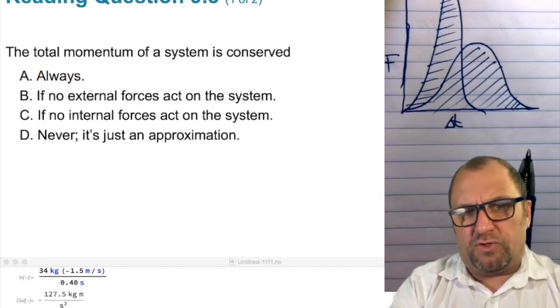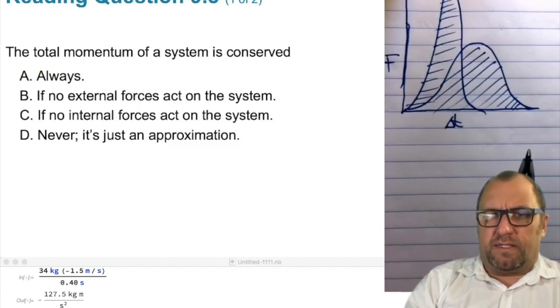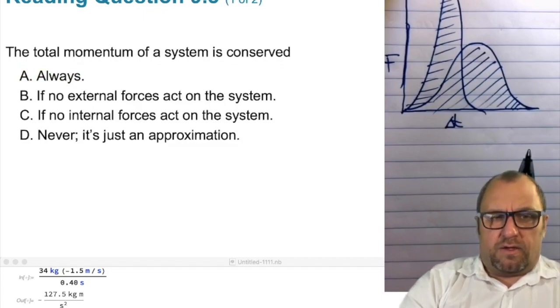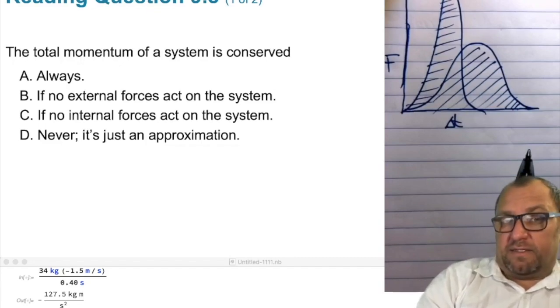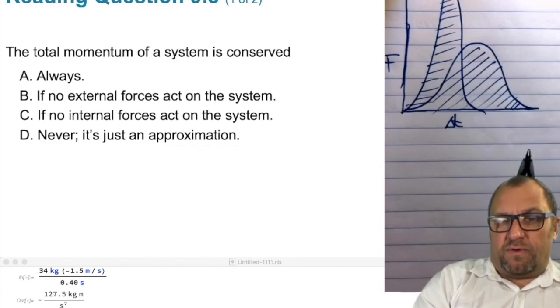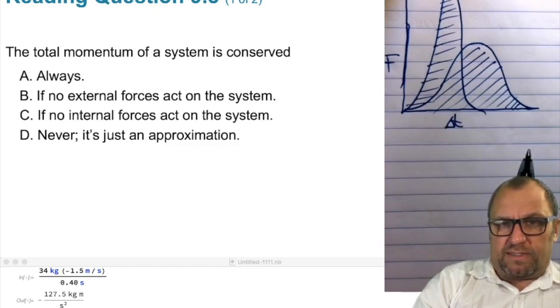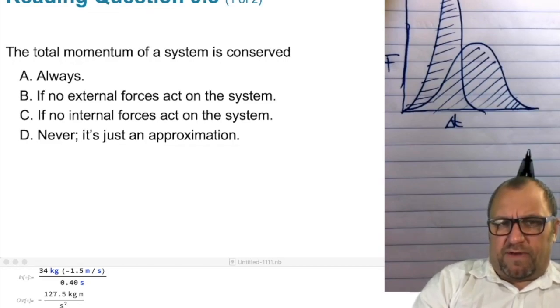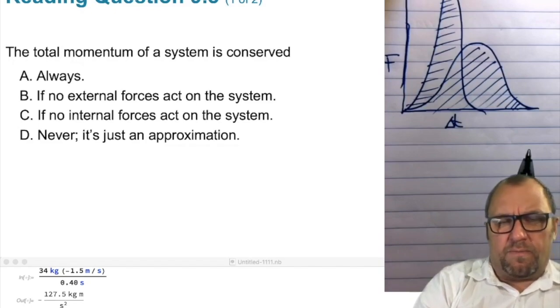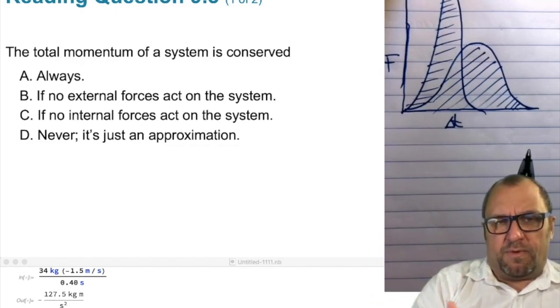Okay, the total momentum of a system is conserved: A, always; B, if no external forces act on the system; C, if no internal forces act on the system; or D, never, it's just an approximation. Well, we can't always ignore it, because if an outside force acts on the system, then there's going to be a change in the momentum.